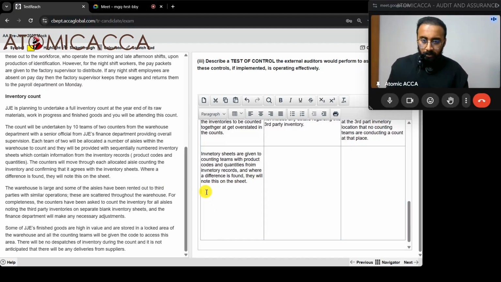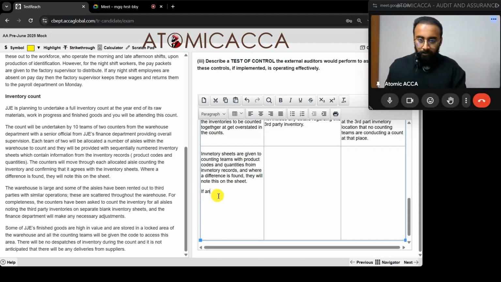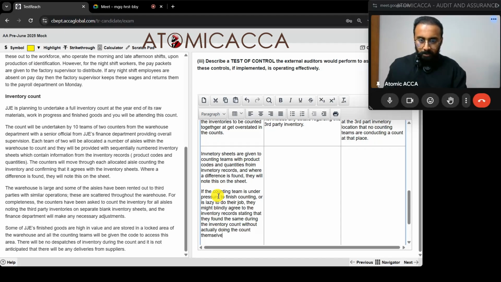Now what is the problem over here? If the counting team is under pressure to finish counting or is lazy to do their job, they might blindly agree to the inventory records, stating that they found the same during the inventory count, without actually doing the count themselves.